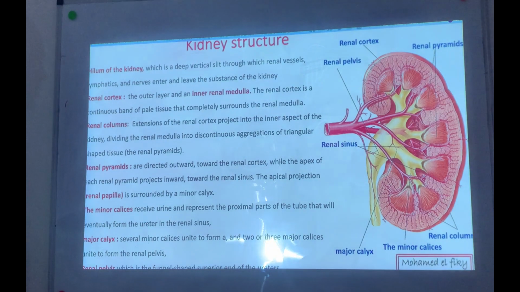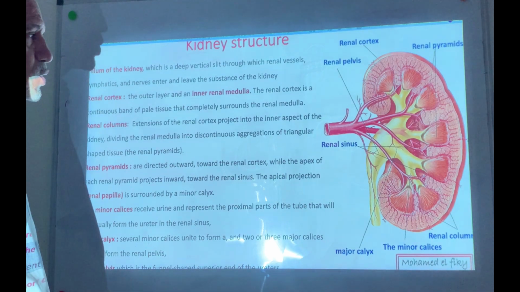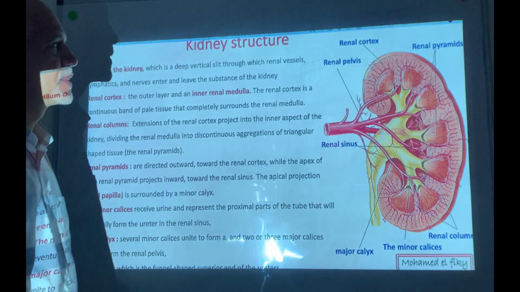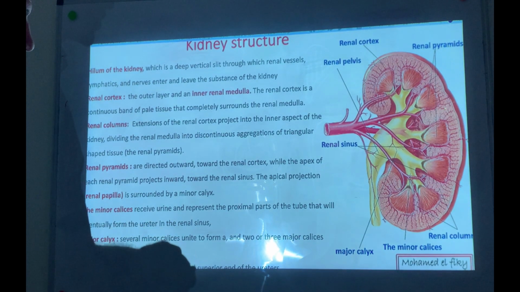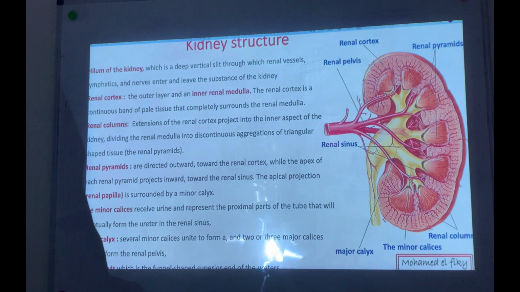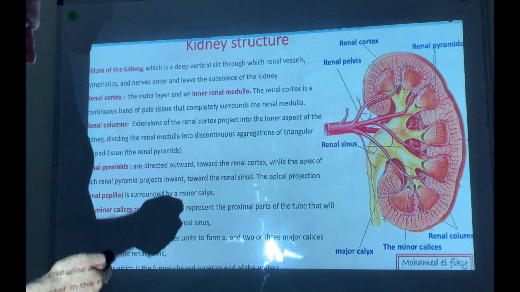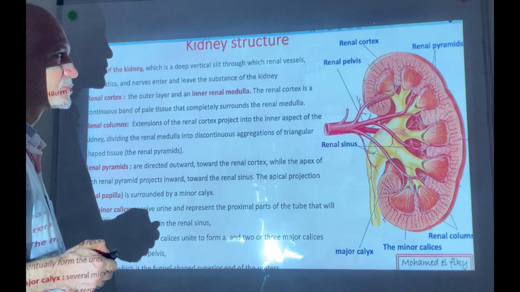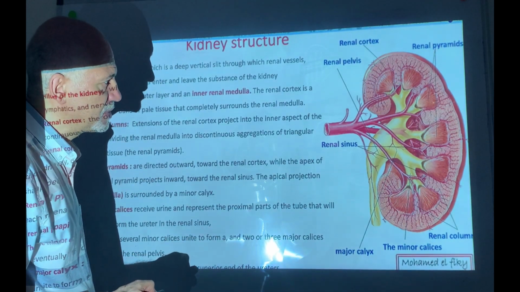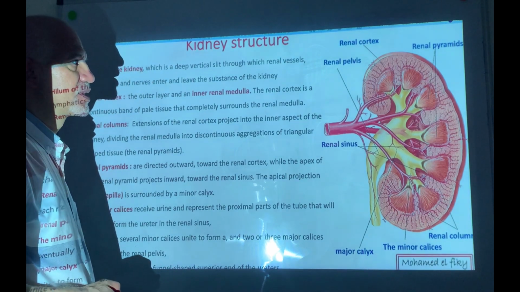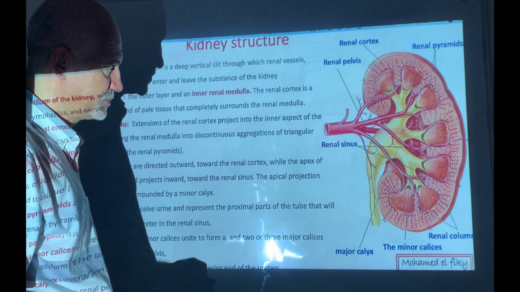Kidney structure, from this diagram, a coronal section in the kidney. This is the renal cortex, outside. Renal medulla is formed of pyramids, pyramidal in shape, with the base outside and the apex inside.